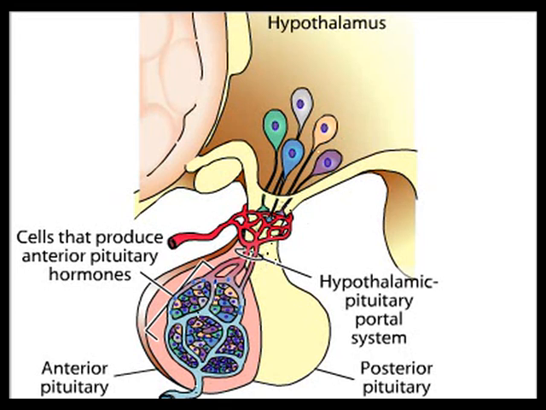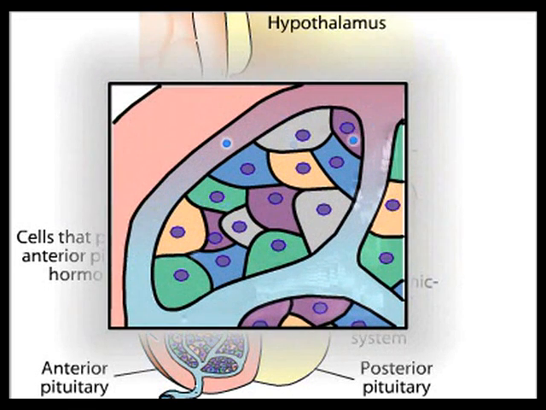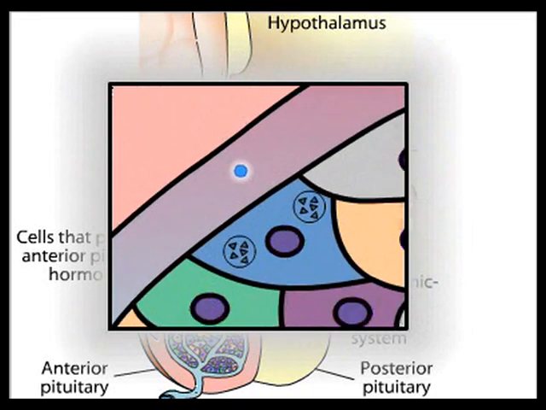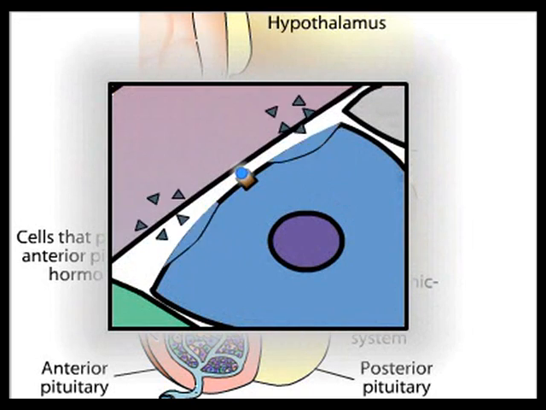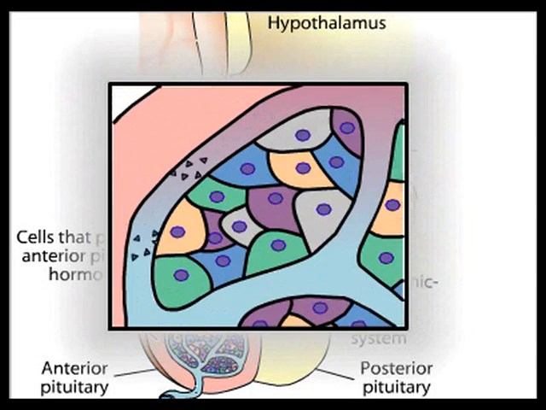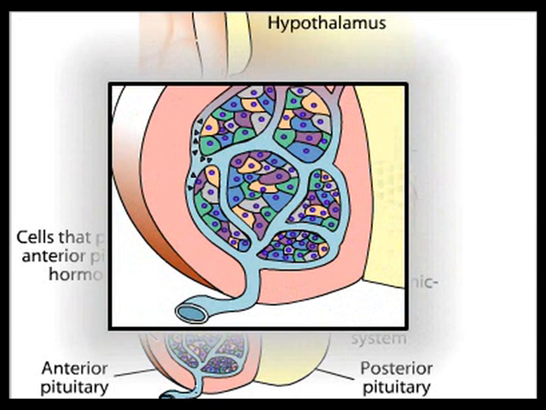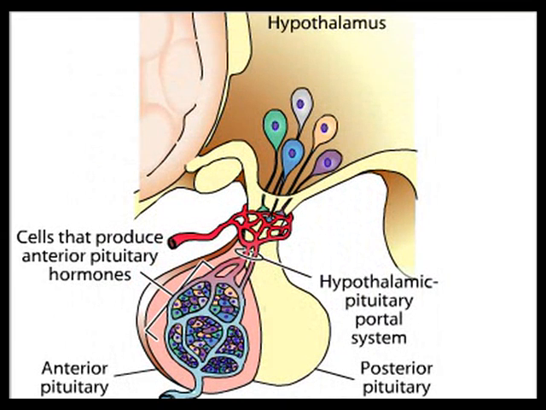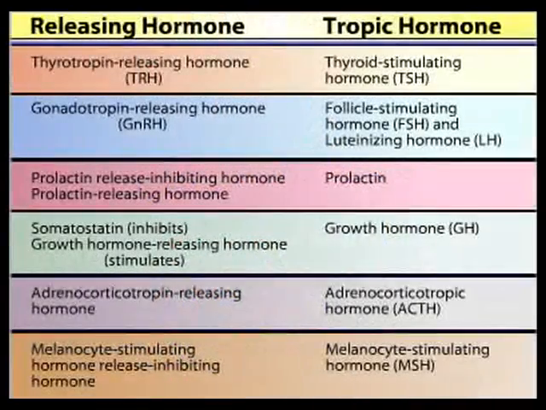Under the influence of the hypothalamic releasing factors, the anterior pituitary secretes these hormones. The glandular cells secrete the hormones, and these hormones are released into the circulation and travel to the target organs like the thyroid, the gonads, and the adrenal cortex.